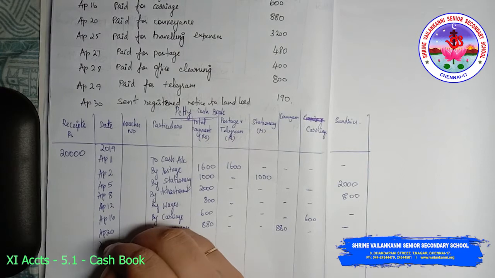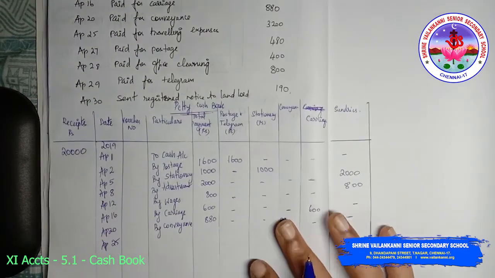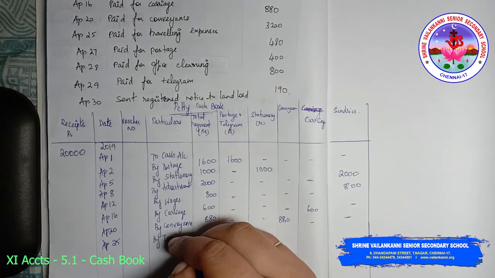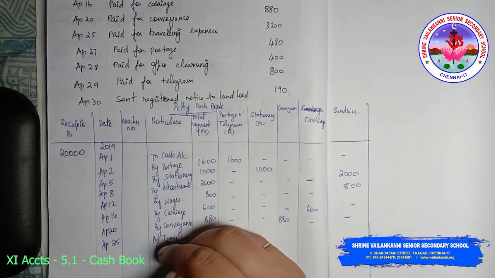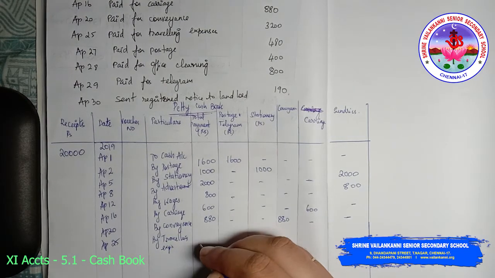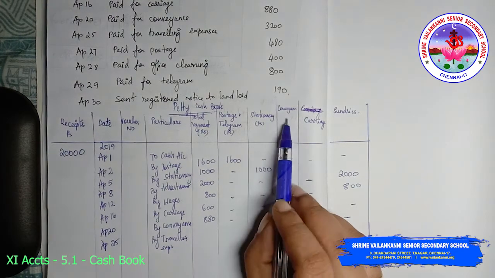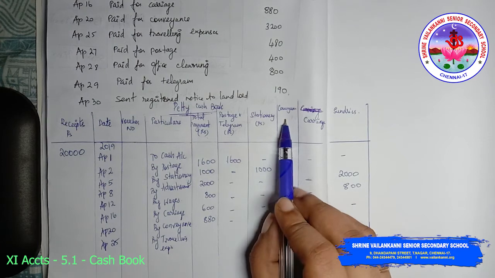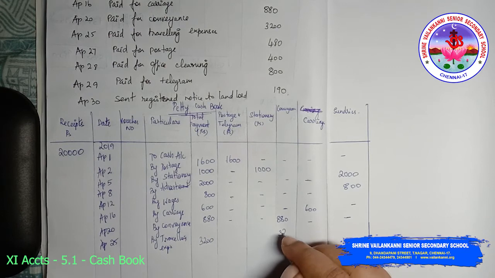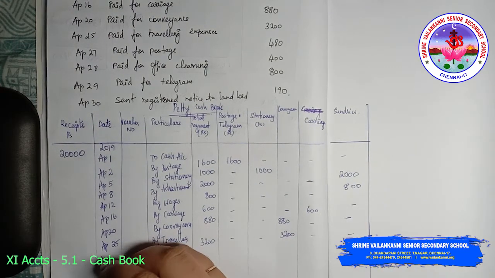April 25, paid for travelling expenses, by travelling expenses. I don't have a separate column for that, so sorry, it's conveyance, right? Travelling expenses 3,200, so I'm writing 3,200 in conveyance, others nil.